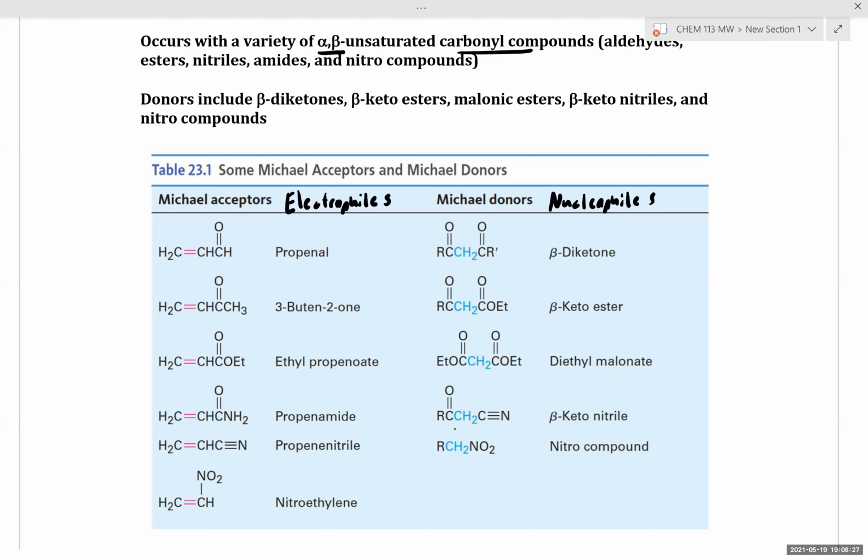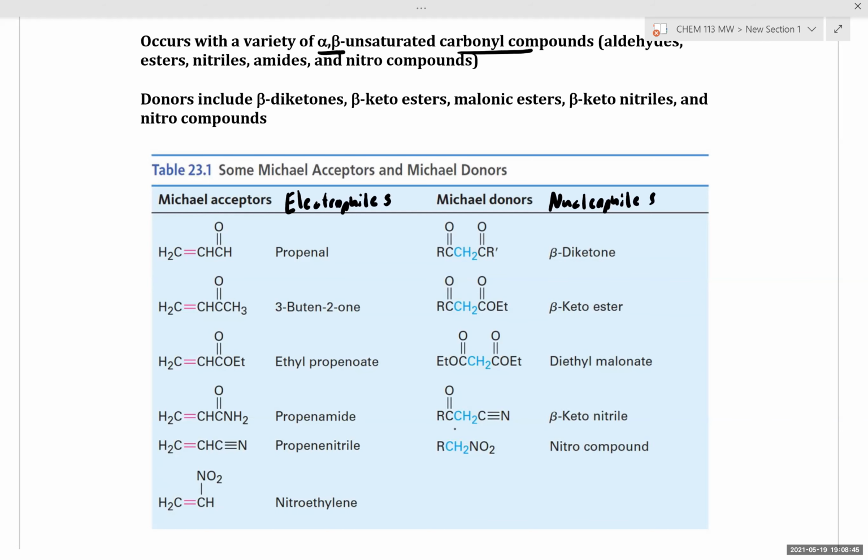So I just want you to know, we've seen Michael reactions in beta ketoesters and diketones and enones, and I just want to really showcase that this reaction is quite general. Does this idea make sense to everyone?